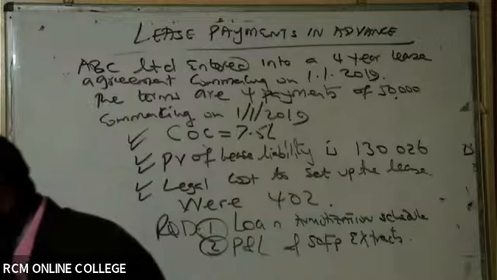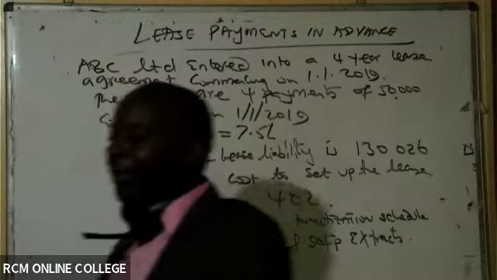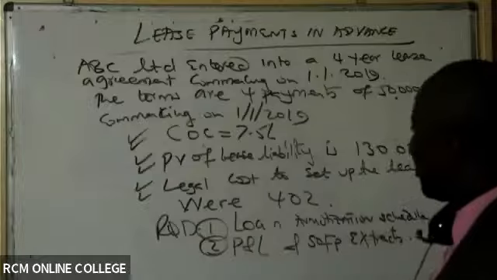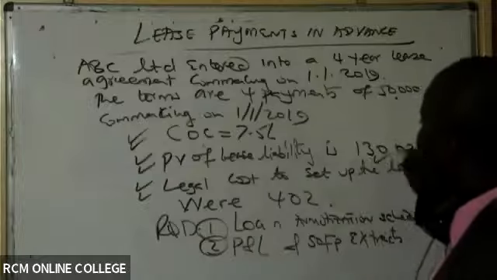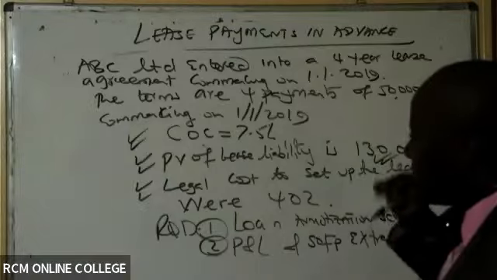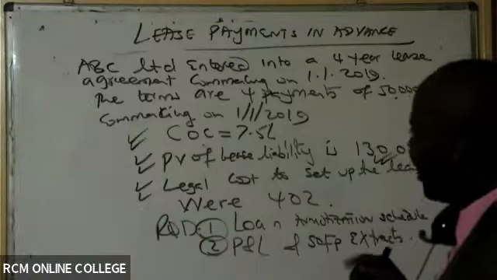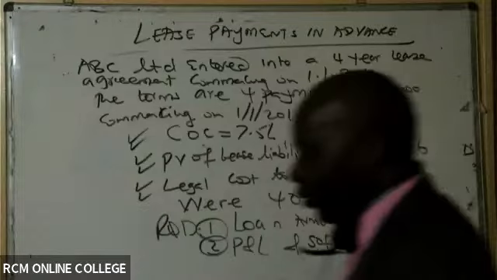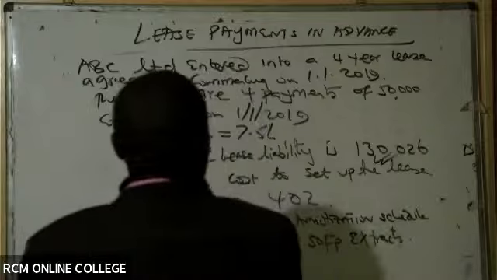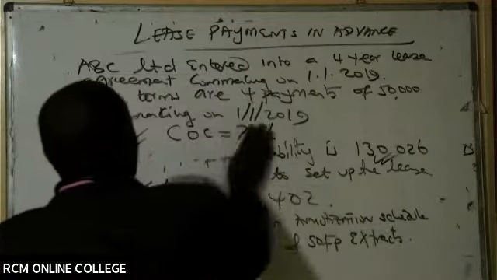All right, great, done. So then, gentlemen, if I'm the one doing this kind of question, first of all I would want to test this present value of lease liability. So I'll just follow those steps the way they are. There are many ways of doing this present value of lease liability. It has been given, but there are many ways.